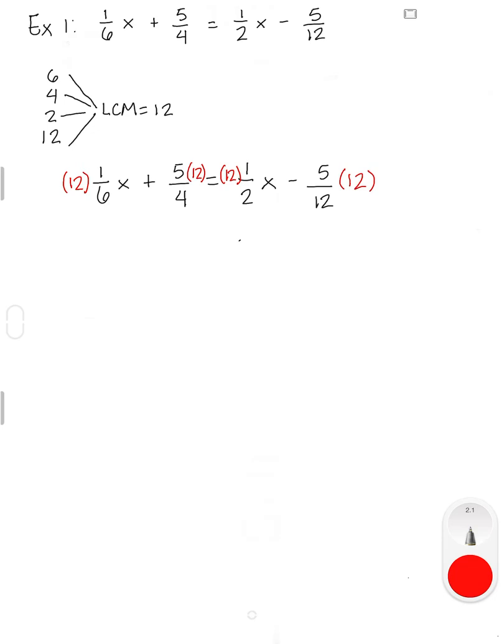Now let's go ahead and try to reduce before we rewrite our equation.